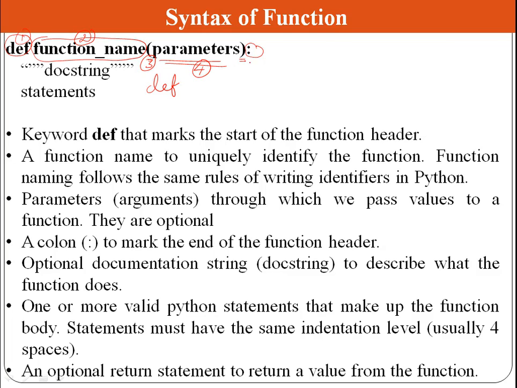And after that, the body of your function starts, where you will be writing the body of your program, in which we have two components. First is the docstring. If you are writing the docstring, you write it in triple quotes, and in between you write the purpose of this function.